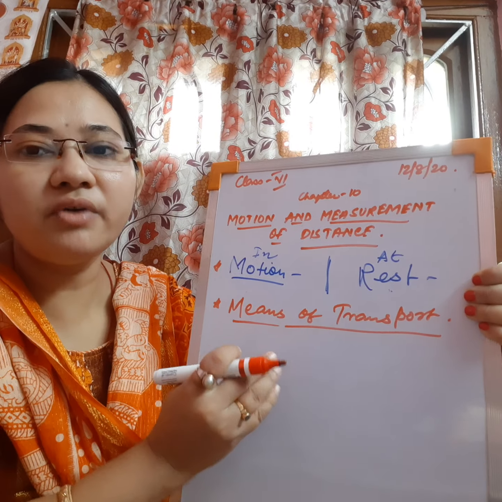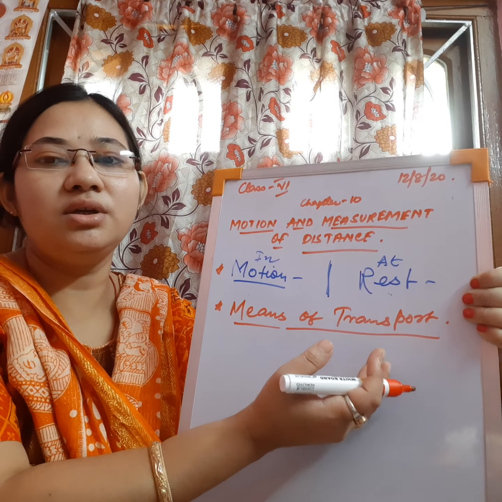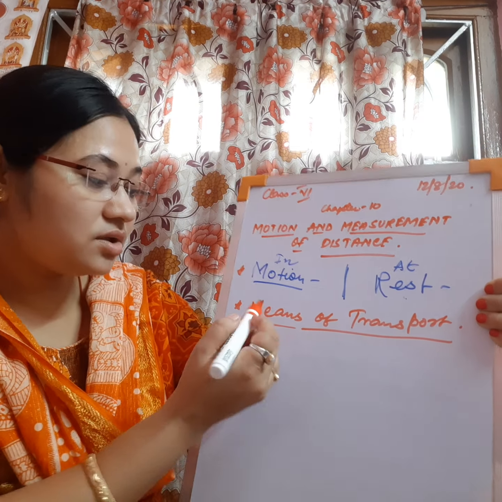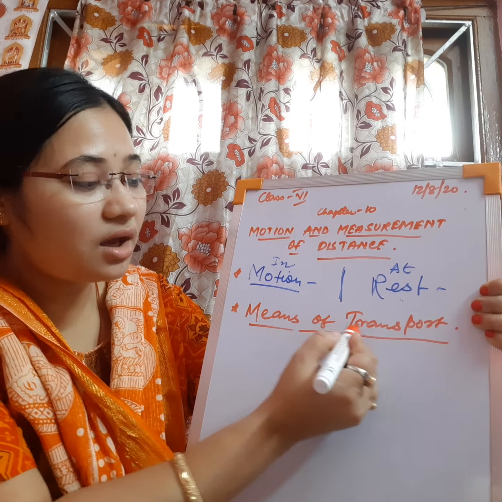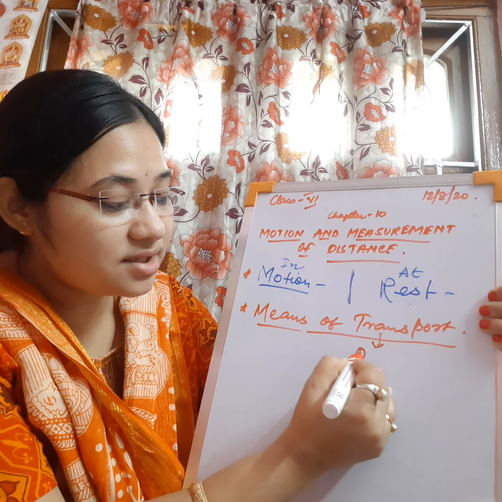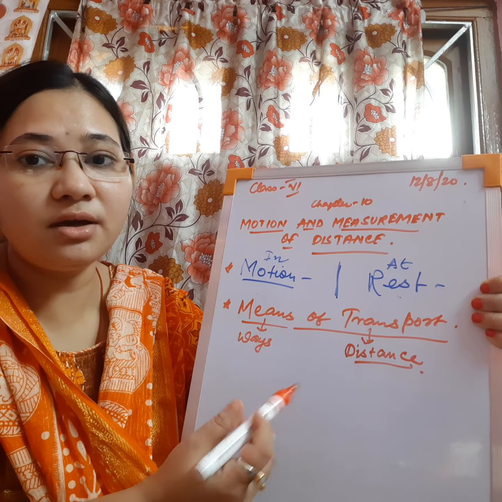Suppose we are in Bokaro, we will go to Ranchi, or we want to go to South India or North India. That is means of transportation. How can we move from one place to another, and how can we cover distance? What are the different means, that means ways, by the help of which we can cover distance?